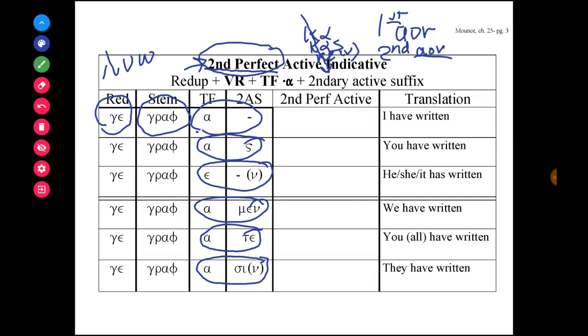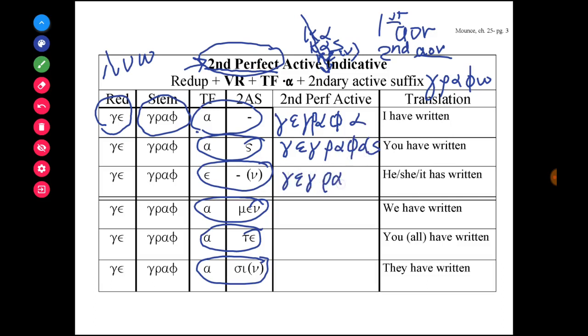And so for the word grapho, which is I write, it likes using the second perfect form. So if I want to say I have written, it's gegrapha. You have written, gegraphas. He, she, it has written, gegraphe or gegraphen.